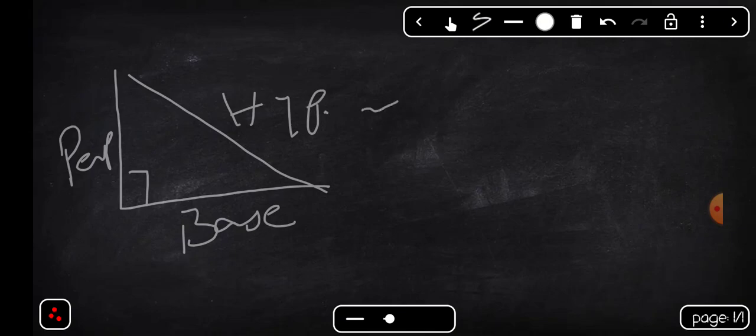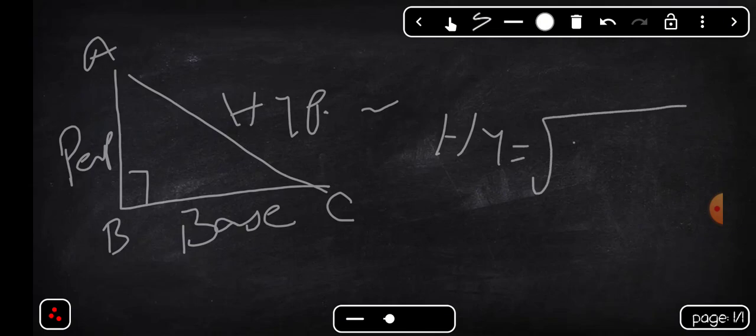Suppose we know the distance between A and B, and between B and C. Then how do we find the distance between A and C? It is the hypotenuse. The hypotenuse is the root of base square plus perpendicular square.